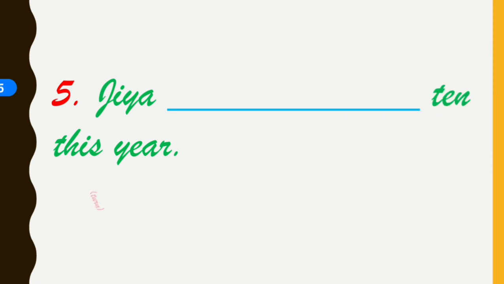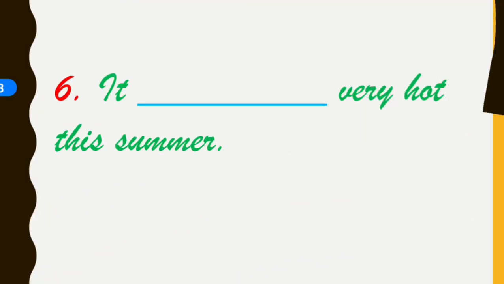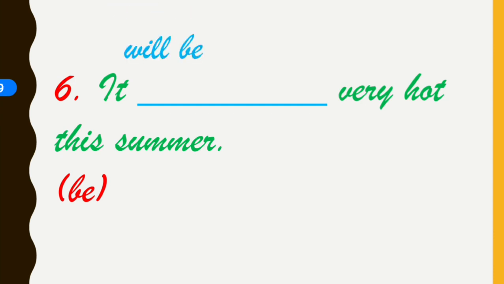Gia dash 10 this year. The verb that is given to us is turn. Gia will turn 10 this year. Next one. It dash very hot this summer. The verb that is given to us is be. It will be very hot this summer.